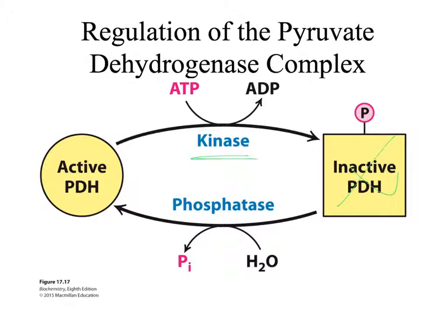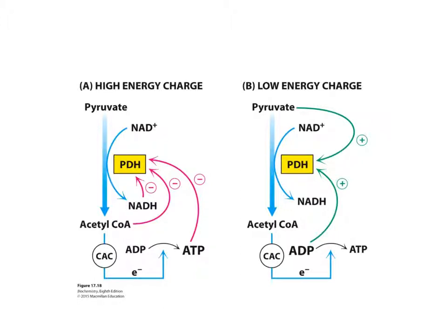But then when we need that to be on, you can reverse the process by another enzyme, our pyruvate dehydrogenase phosphatase. That is going to then activate that complex and allow for substances to continue through that citric acid cycle. The kinase and the phosphatase are going to be very highly regulated enzymes. And we can see some of this regulation here in this figure.